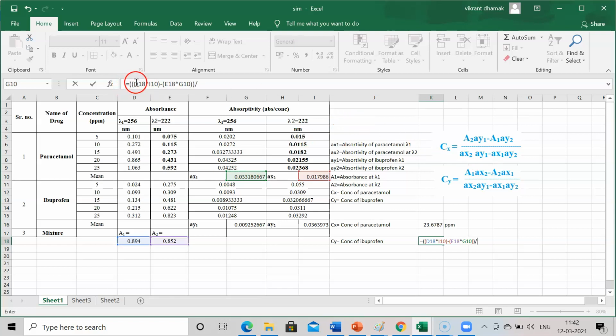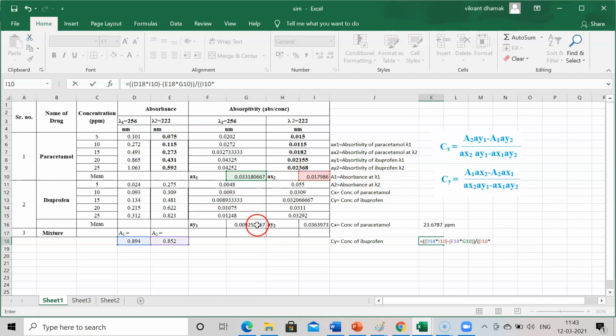So here also you can see these are the cells which have been shown. See, like G10, right? So we have taken the value of G10 for AX1, right? So you can see the column G and row 10. That is why it is showing G10. Again put a double bracket, AX2, select the value of AX2, into AY1.